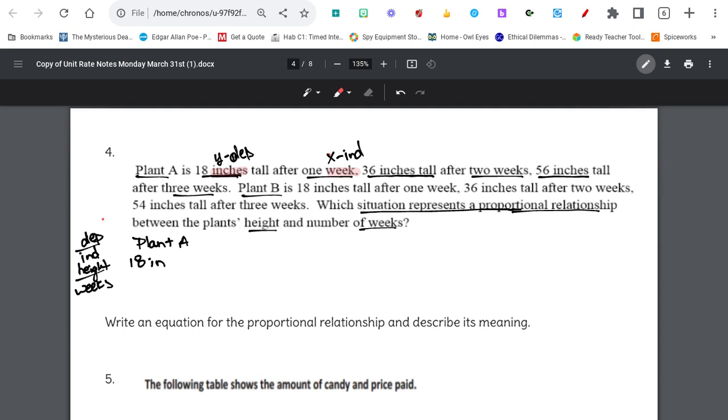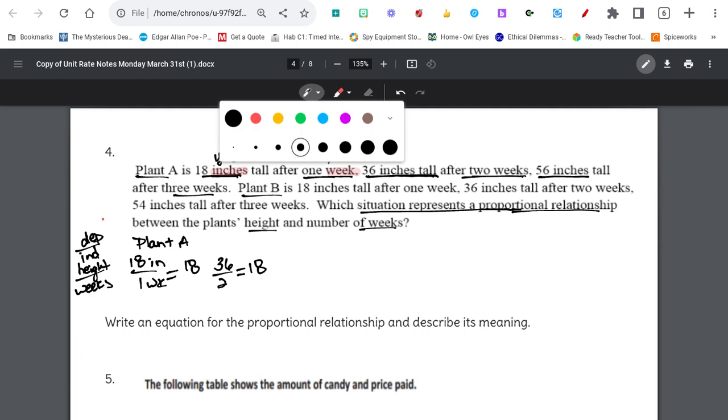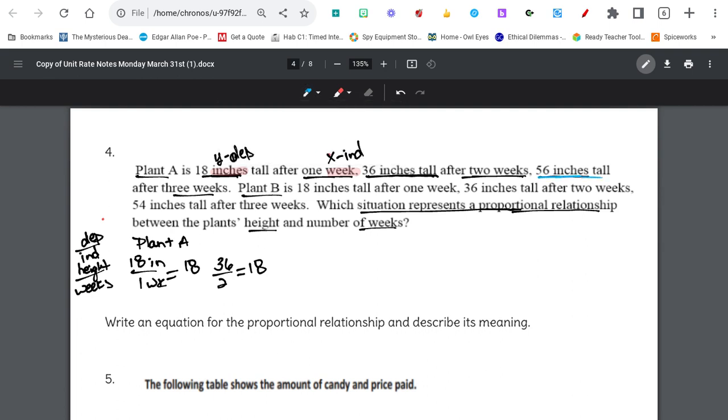So 18 inches after 1 week would just give me 18 inches a week. And then it was 36 inches after 2 weeks. So that's 36 divided by 2, which is still 18. So far for plant A is constant. And this one was 56 inches after 3 weeks. I'm going to do 56 divided by 3.